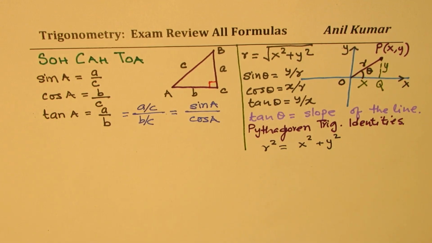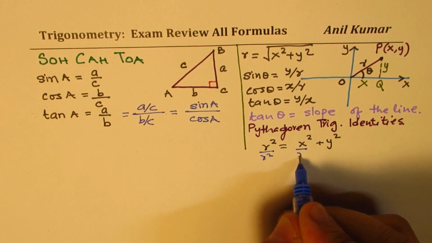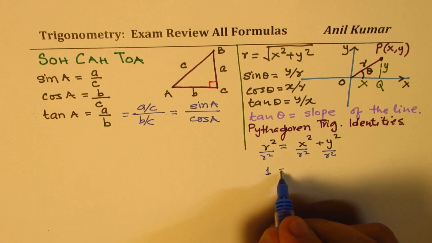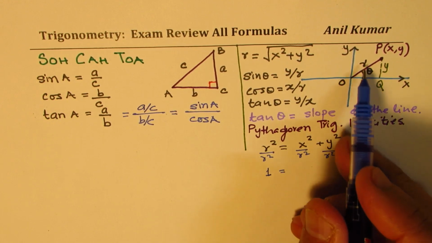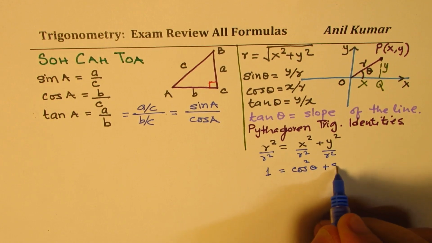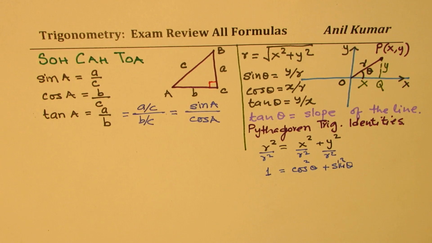Now if I divide this by r square, then what happens? r square over r square is 1. x over r is cos theta, so we get cos square theta, and this is sine square theta. So we get our trigonometric identity: 1 equals cos square theta plus sine square theta.